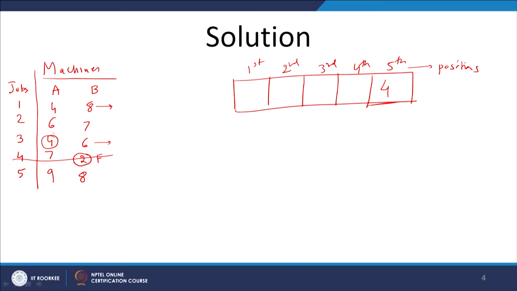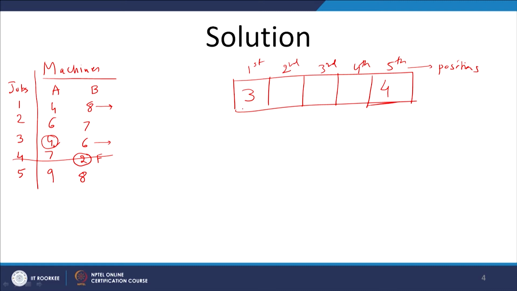Similarly, when we are looking at 4 over here at the third job, we have to put this third job at the first position. Remember, if this 4 was in the B column, we would have put it towards the last, but since it is in the A column, we are putting it at the first position.